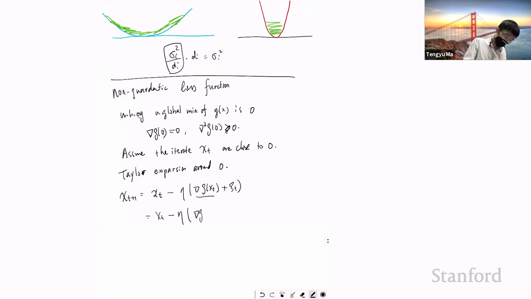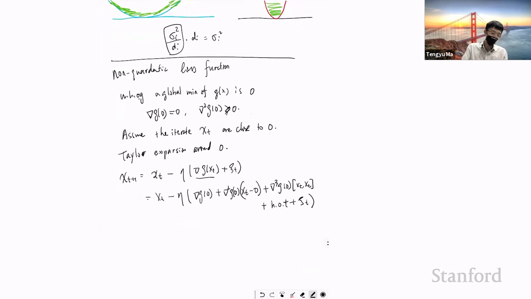You're going to get nabla g(0) plus nabla squared g(0) times (x_t minus 0), plus nabla cubed g(0) at x_t, and maybe let's also have higher order terms, which we are going to ignore heuristically, and then we get epsilon_t, something like this.